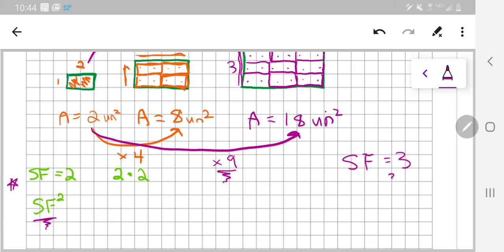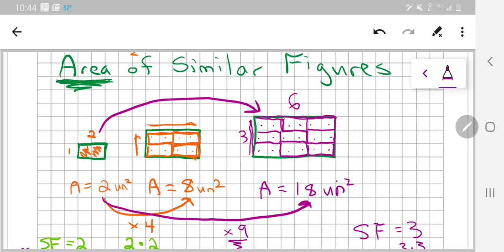Well, what's 3 times 3? That would be 9. So the area factor, which I call it, is 9, which is just the scale factor squared. 3 times 3.